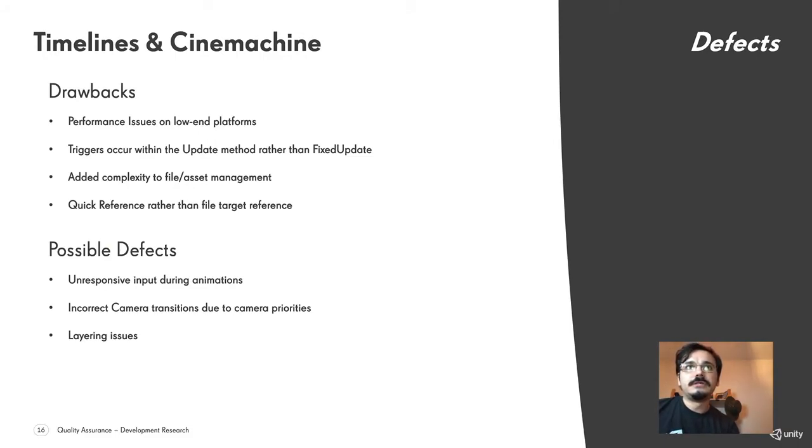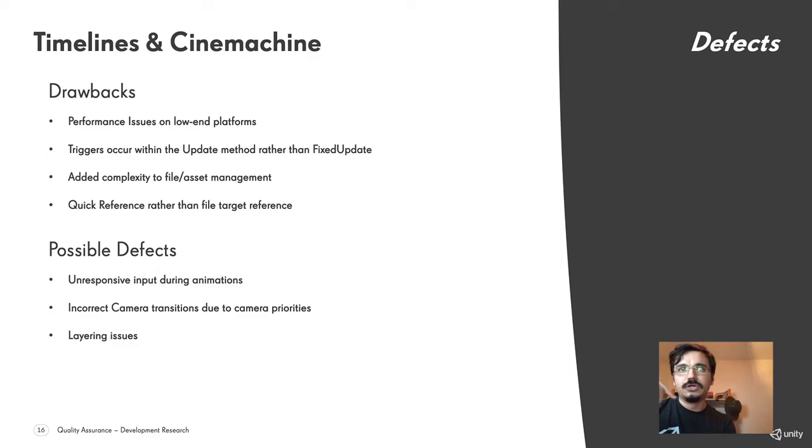Some of the drawbacks and defects with this package are very similar to the default Unity animation system, with a few differences. The performance issues on low-end platforms remain the same. Also, when you create interactive sequences, the triggers being used there are called in the update method rather than in the fixed update.